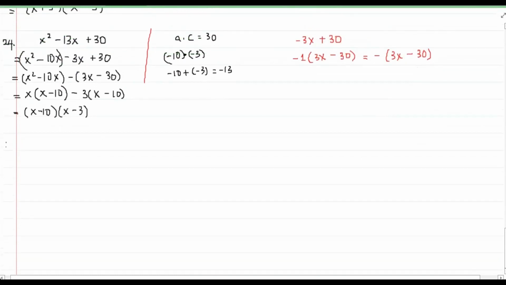Number 25. 3x squared minus 2x minus 8. Okay, now AC method. We have a times c is 3 times negative 8, negative 24.